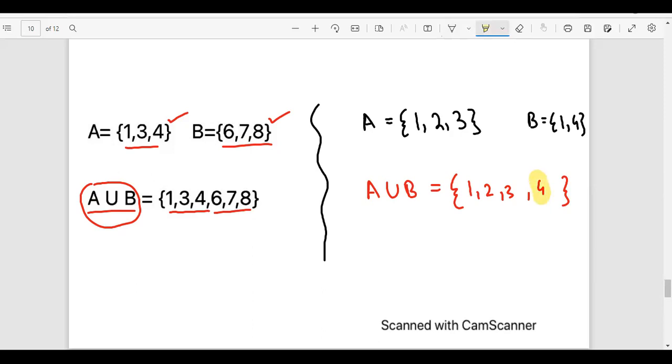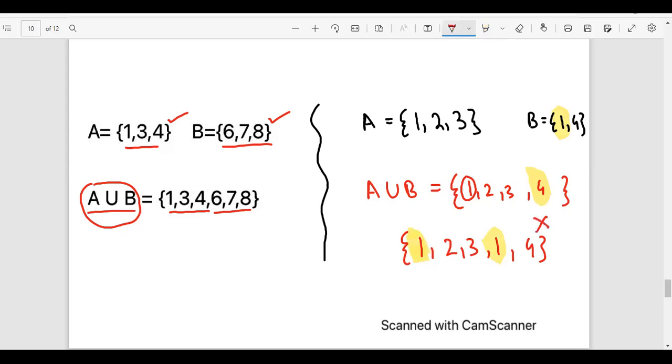We would only be having a 4 here, and I know we have a 1 here, but we have written this 1 already. If I write it down this way, the way some student was saying, 1, 2, 3, 1, 4, the issue would be that in the very beginning, we discussed the definition of a set, which said we need to have distinct elements. If 1 is coming twice, the elements would not be distinct. So technically, this cannot be a set.